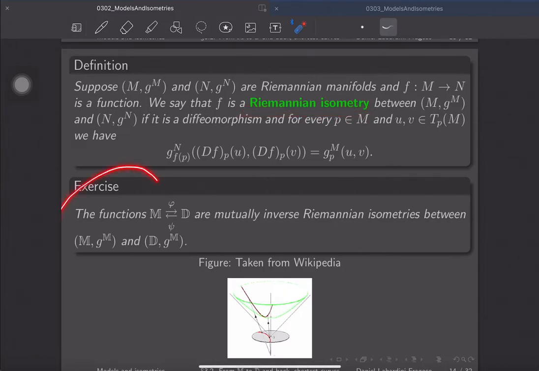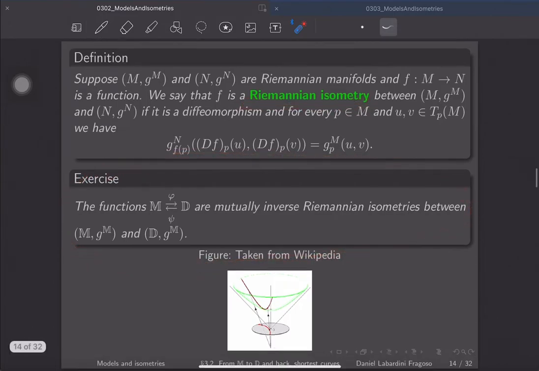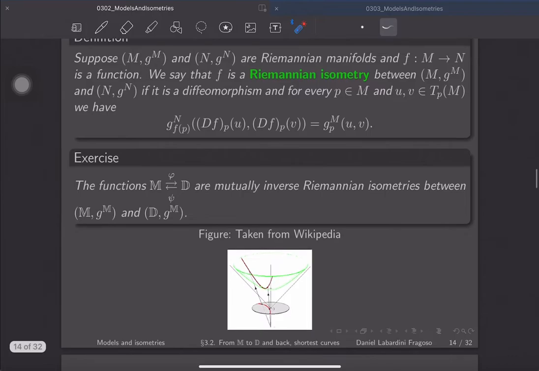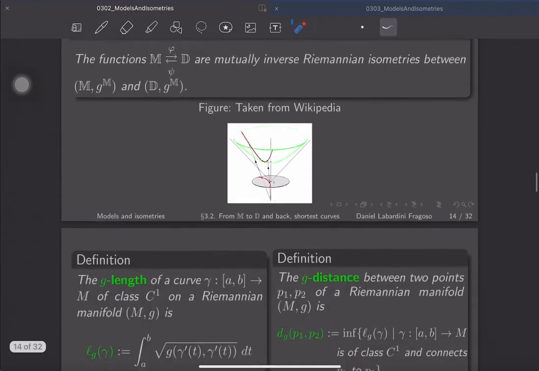So that's the exercise. And of course, the inverse Riemannian isometry then is going to be just the inverse projection.